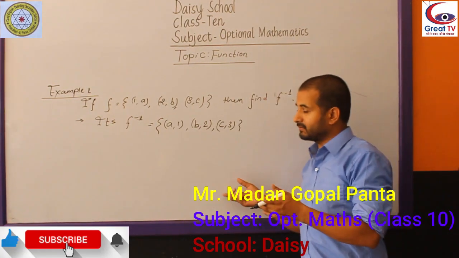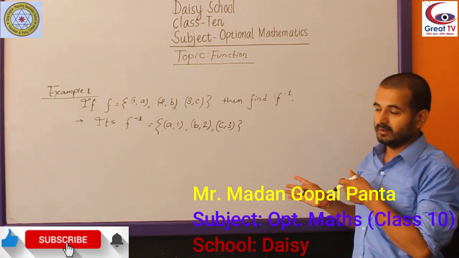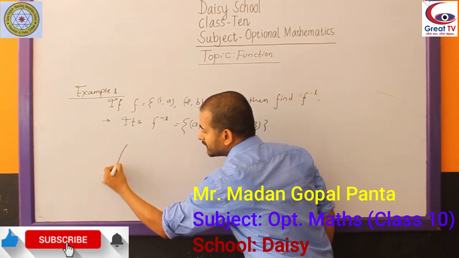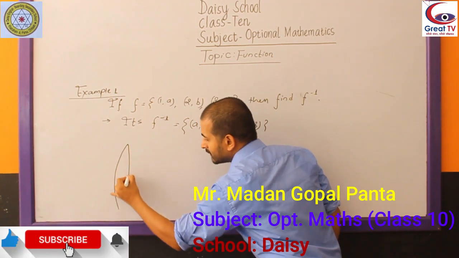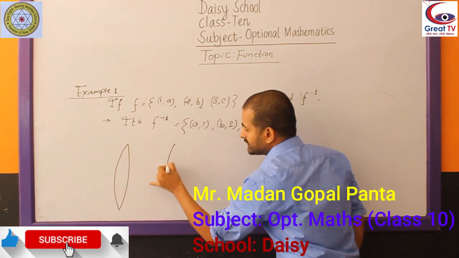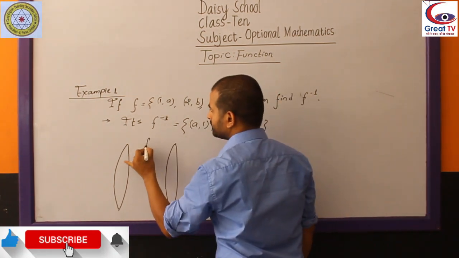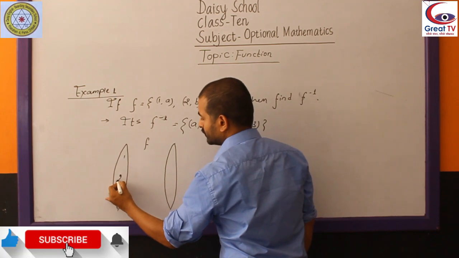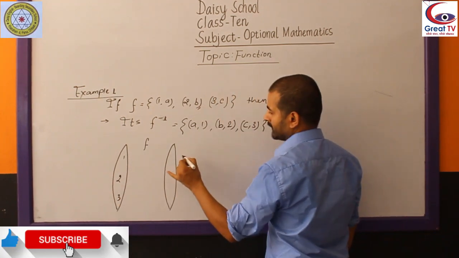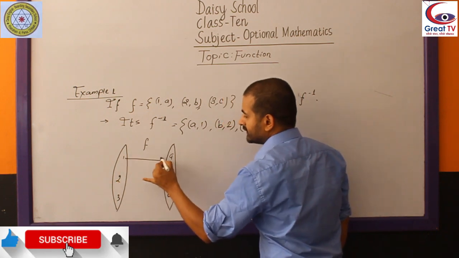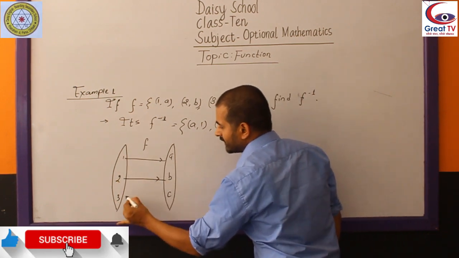If you are showing it in the mapping diagram also, you can show it by mapping diagram. This is the given function f, with 1, 2, 3 and a, b, c. This function is f.